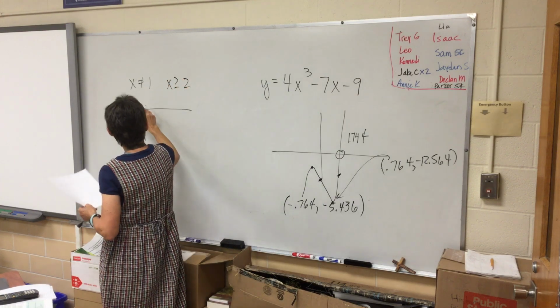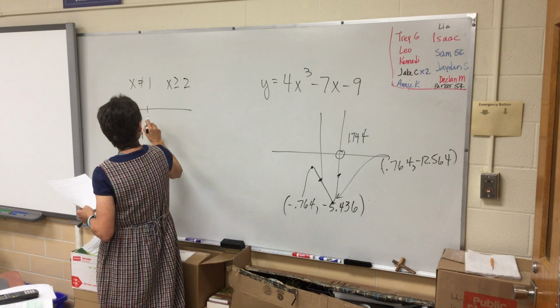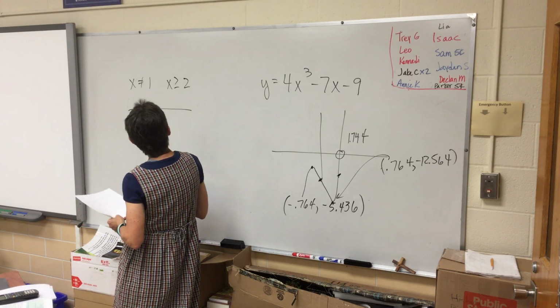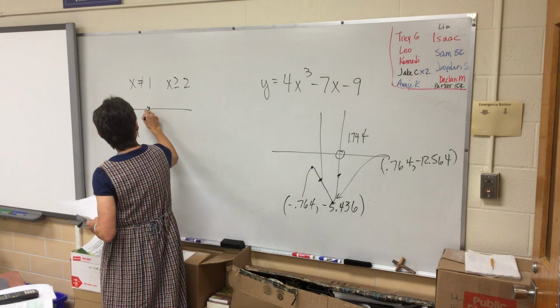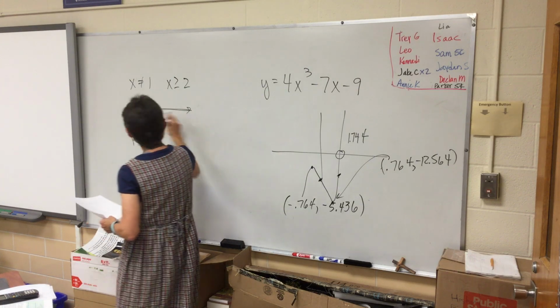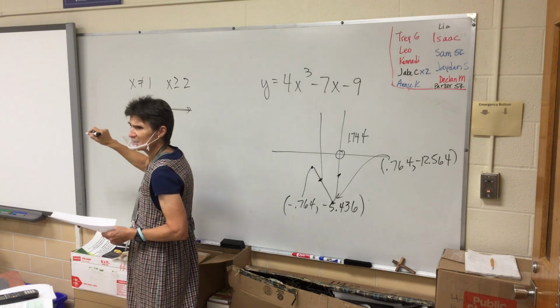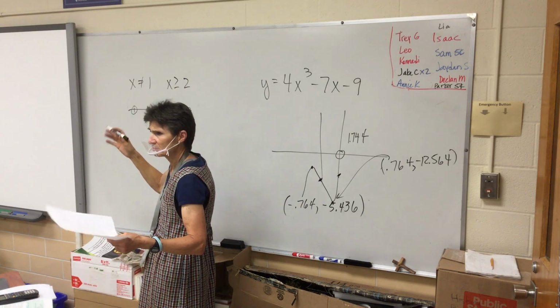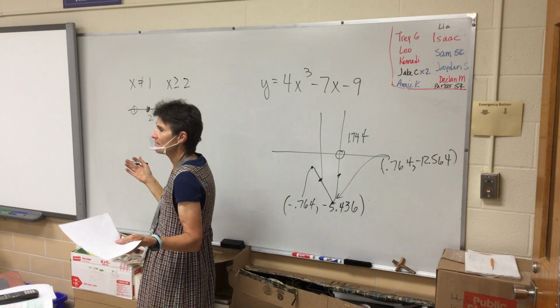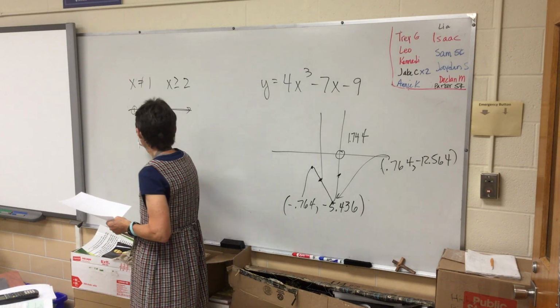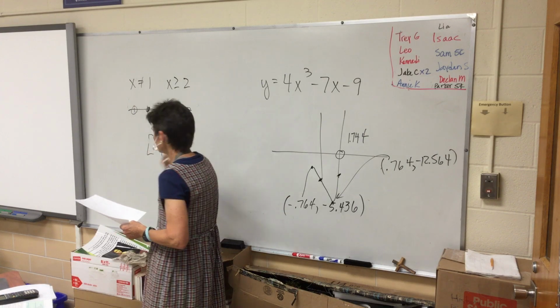So on the number line, what that would look like is, wait a minute. Greater than or equal to 2 would be right here, right? And 1's back here. I'm not even thinking about 1 if I have to be bigger than 2, right? So my domain is 2 to infinity.